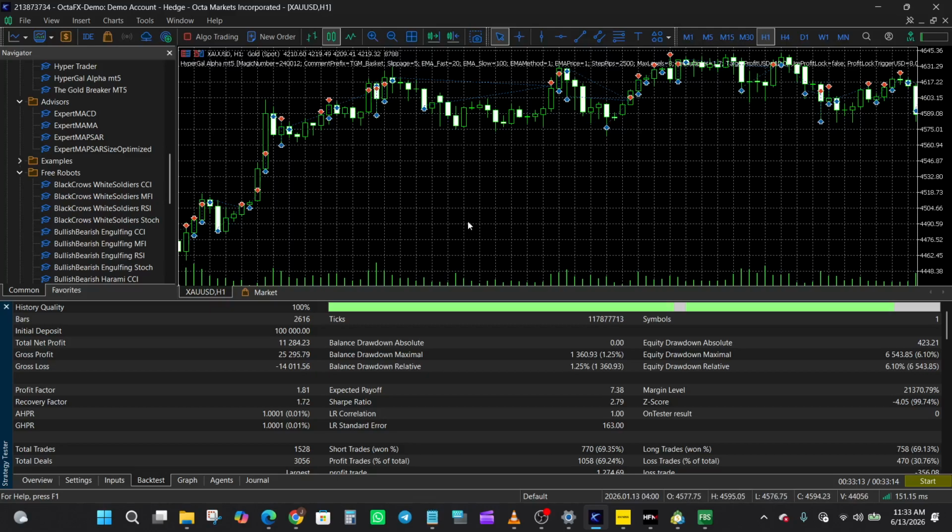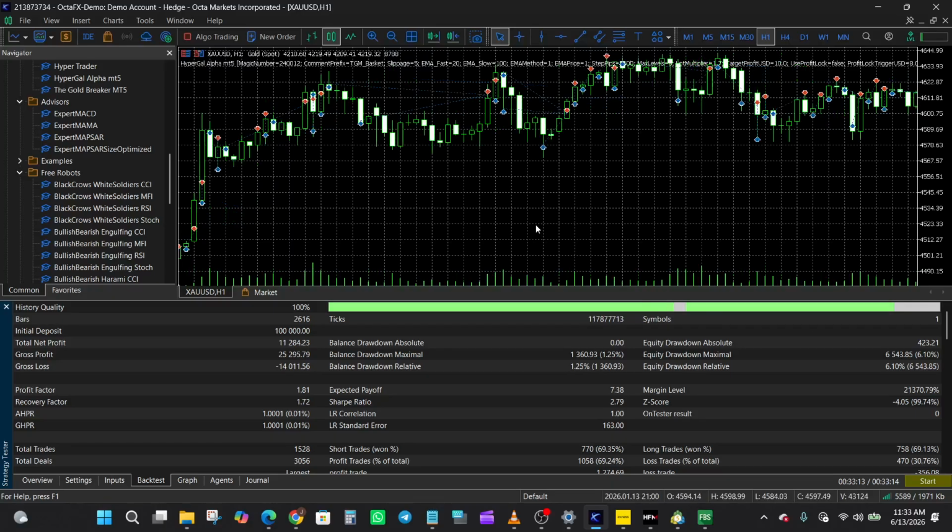And as for the historical results, it is important to remember that performance can vary significantly depending on risk settings, lot size configuration, broker execution quality, spreads, slippage, leverage, and overall market conditions. Optimization choices made by the user can also have a major impact on outcomes.